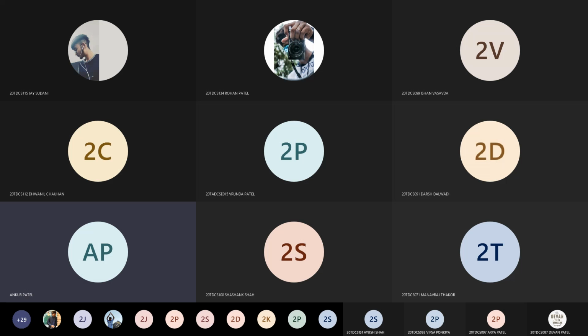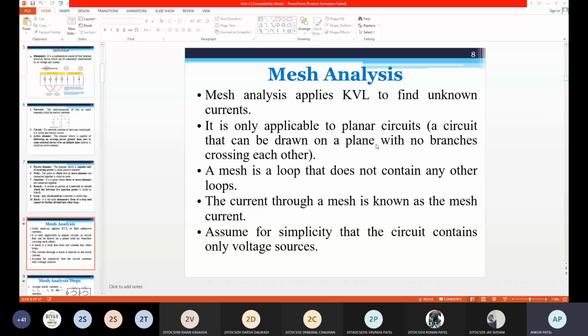Okay, so today we'll continue mesh analysis. In yesterday's lecture, we saw how to solve this mesh analysis, meaning how to determine the different currents by applying KVL. In mesh analysis we apply KVL, but to determine the different currents, we go for finding determinants and Cramer's rule instead of comparing the equations and eliminating the terms or parameters.